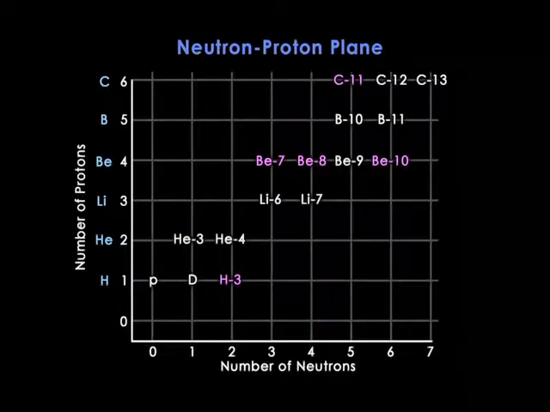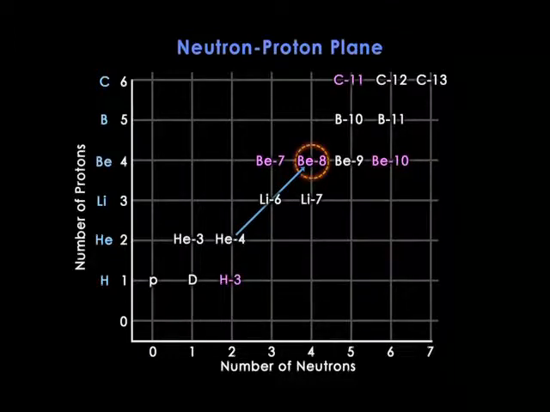Now let's see what options we have for helium-4. Well, adding a proton would shift it up one place, to lithium-5. But that nucleus doesn't exist, so that reaction isn't possible. What about colliding 2 helium-4 nuclei together? That would move 2 spaces up and 2 spaces to the right, landing on beryllium-8.